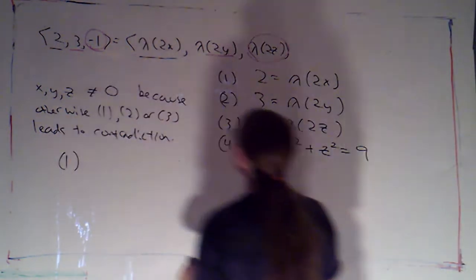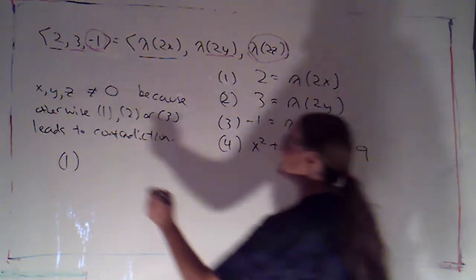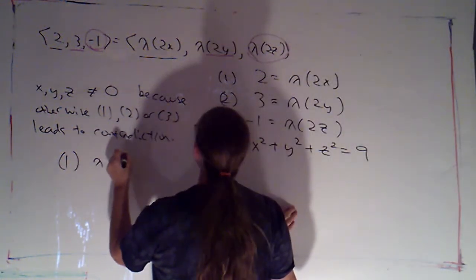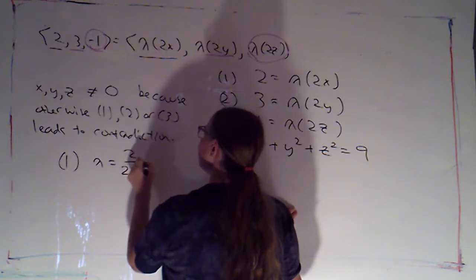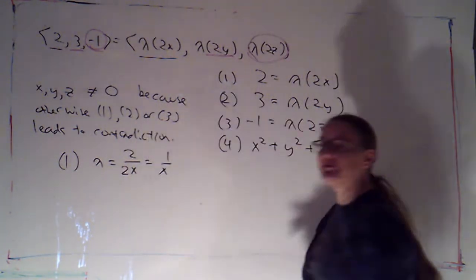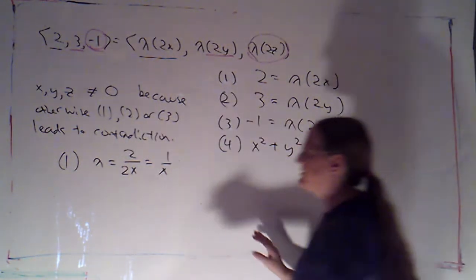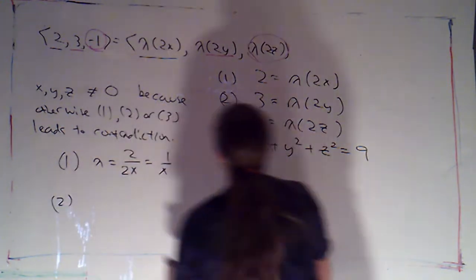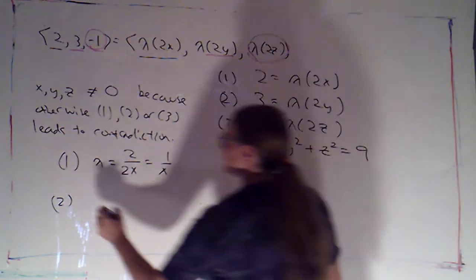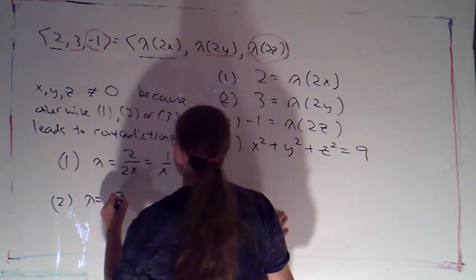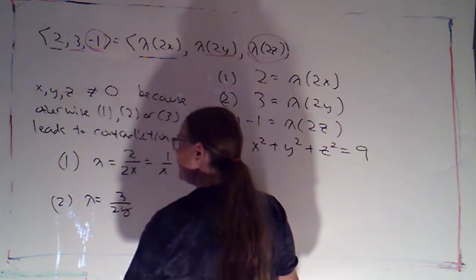Okay, let's see. From equation 1, if I solve for lambda, I'm going to get that lambda is equal to 2 over 2x. And of course I can cancel those 2's, so lambda is 1 over x. Using equation 2 to solve for lambda, I'm going to get that lambda is 3 over 2y.